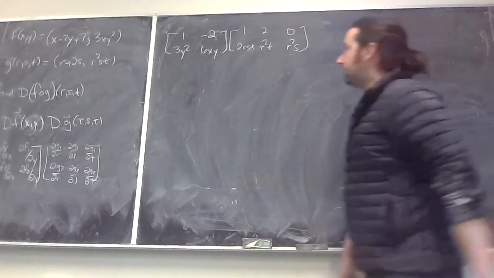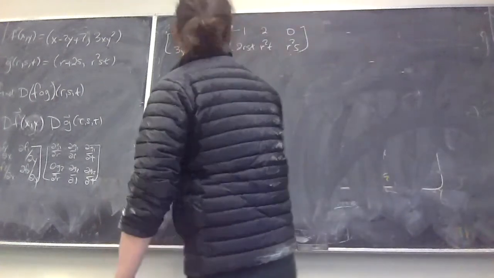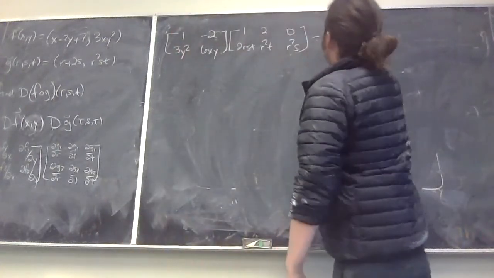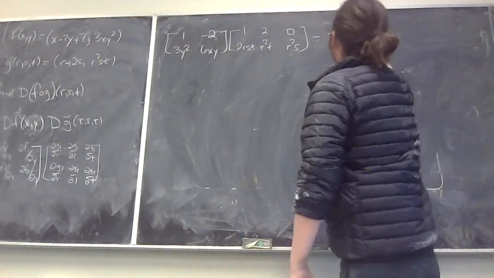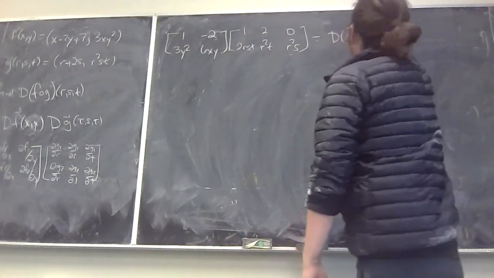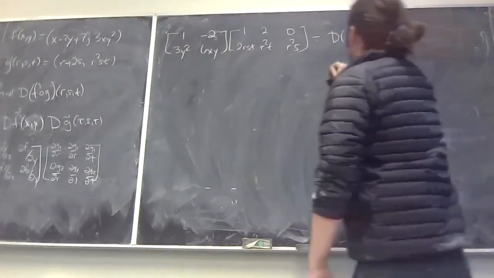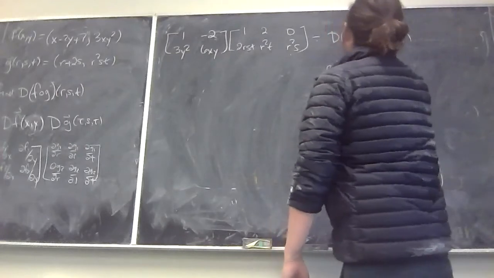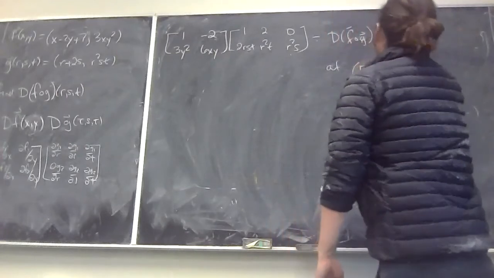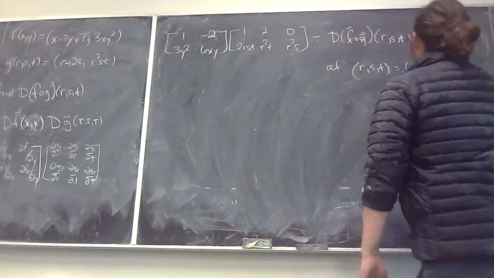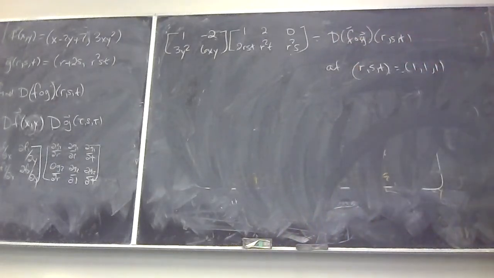Now suppose somebody comes along and says, that's not good enough. You just told me what f composed with g was at r, s, and t, fine, but I want to know what happens at r, s, and t equal to 1, 1, 1. Now evaluate that derivative at a point. Well, r, s, and t are easy to find.